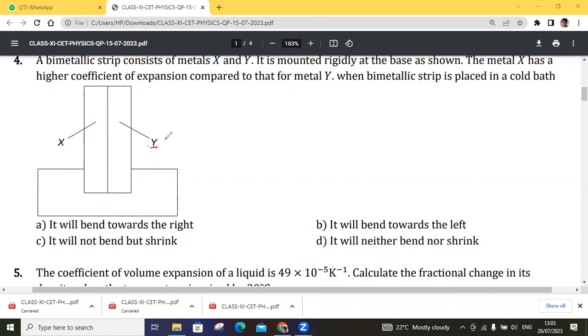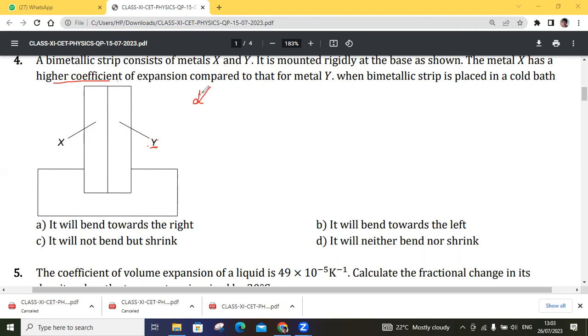The bimetallic strip is placed in a cold bath. When you keep it in a cold bath, they'll get compressed, because the temperature reduces. It will not elongate. Now which will compress more? X has the higher coefficient of expansion.